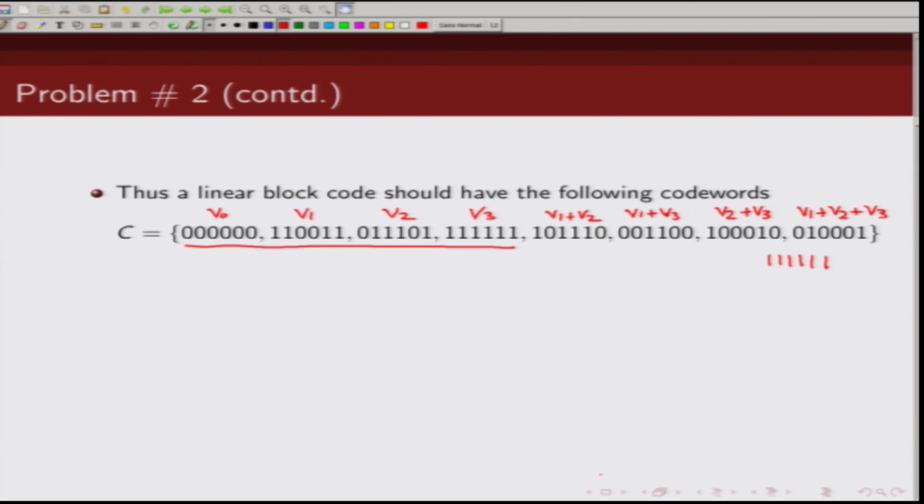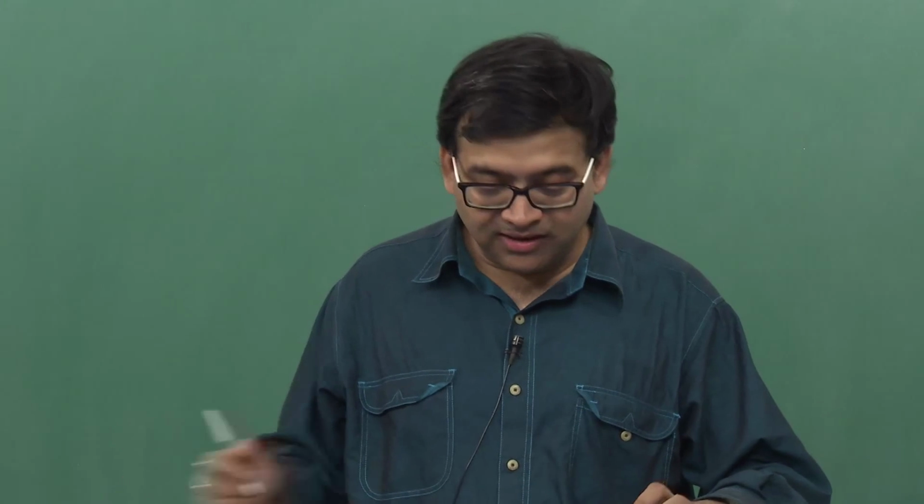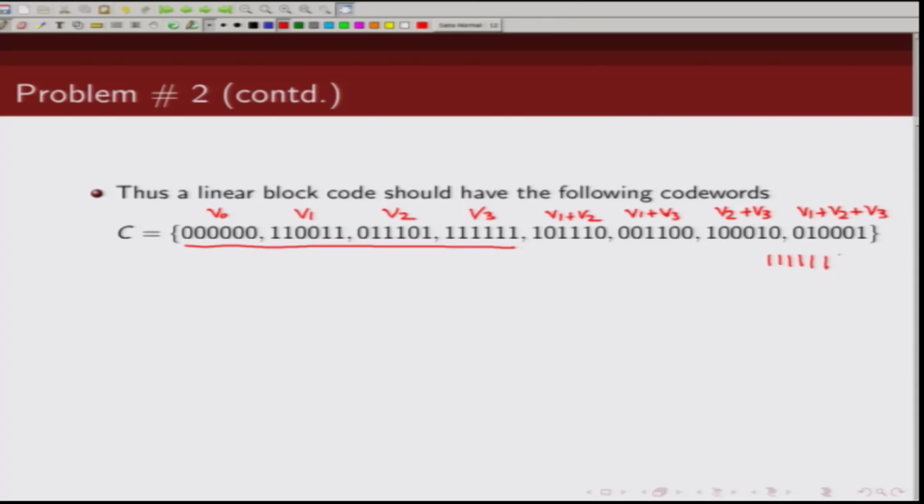If we consider the sum of these three, we will get V3. So, you can see that linear combinations of all these code words are already there in this C. So, this C which contains this set of 8 code words is a linear code.